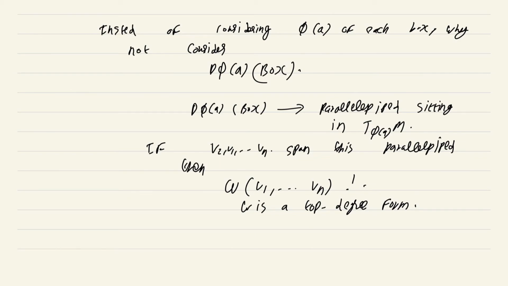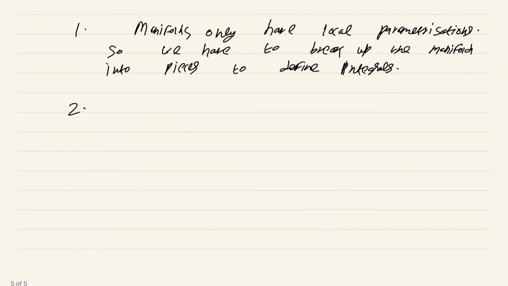Now if I take omega of V2, V1, ..., Vn, by the alternating nature of differential forms, I will get a negative sign compared to the previous one, right? So it isn't clear which basis you choose for that image parallelepiped. Do you choose V1 to Vn or V2, V1, ..., Vn? There will be a possible sign change.